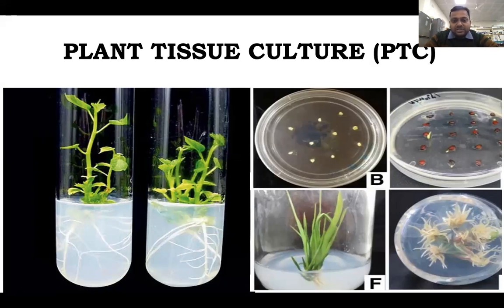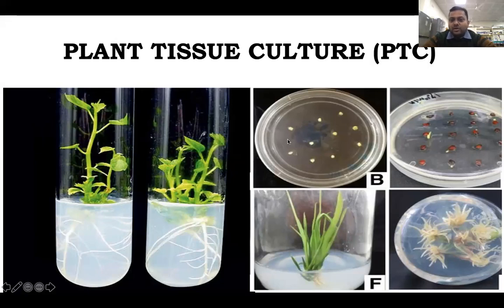I have taken some pictures of plantlets growing in tissue culture conditions. We do tomato tissue culture here in the lab, because I use the tomato tissue culture method for generating transgenics. This is just to provide a glimpse. We'll go on with the definitions in the later slides.